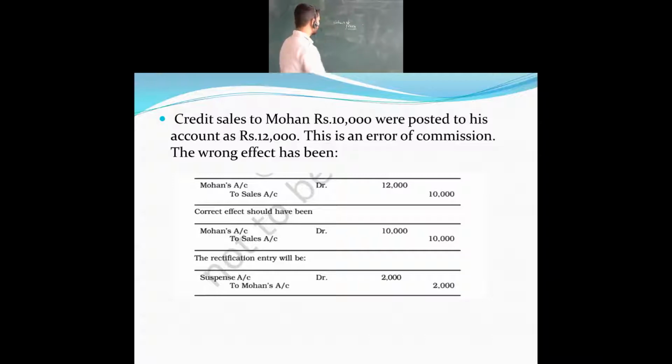The sales made to Mohan are only 10,000, but an excess amount has been posted to his account. How much is the excess? 2,000 rupees is the excess amount.